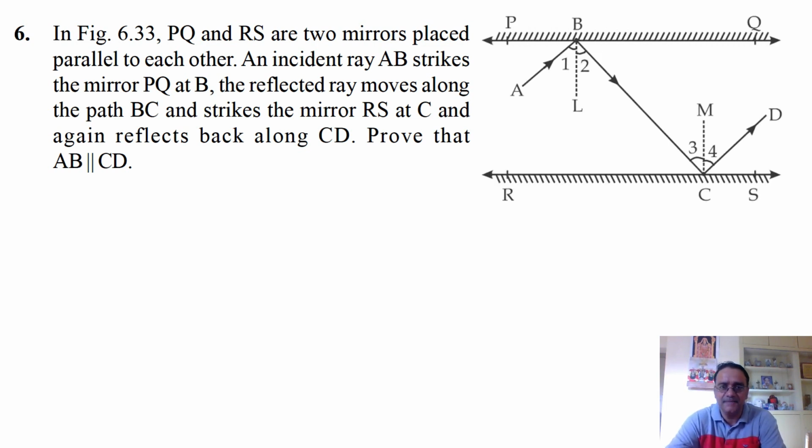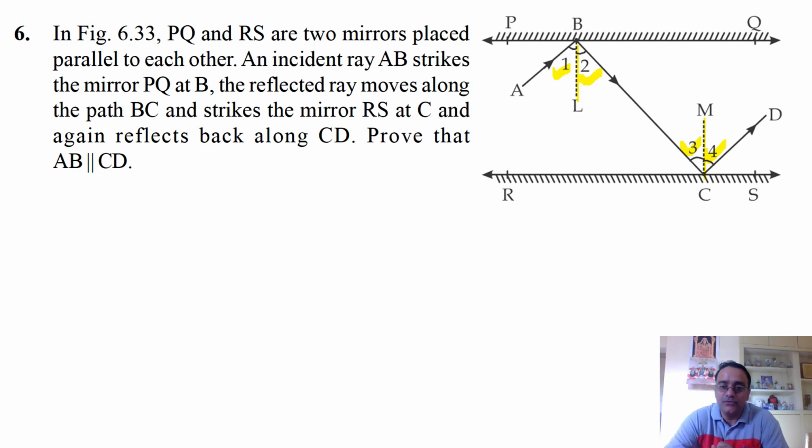So this is the figure, and what we will do, figure में BL और CM नहीं दिया हुआ है, so we will draw the perpendicular lines, normal lines. So एक BL हो गया और दूसरा CM हो गया, जो मैं येलो कलर से शेड कर रहा हूँ, and let these two angles be 1 and 2 and these two angles be 3 and 4.